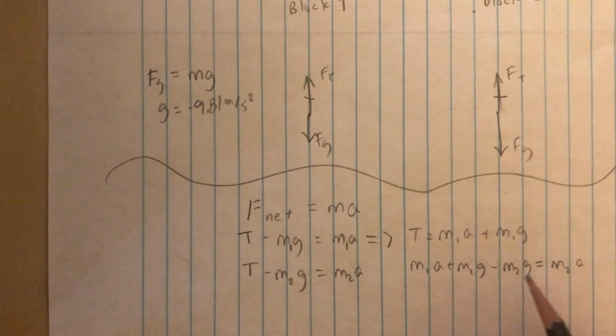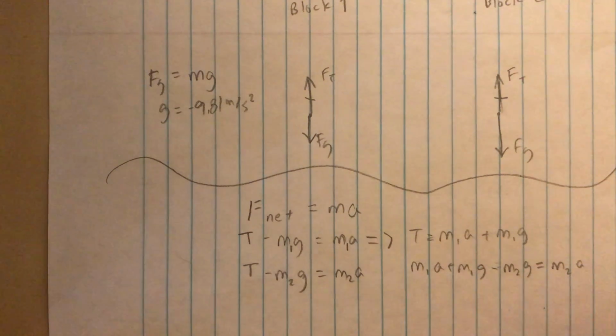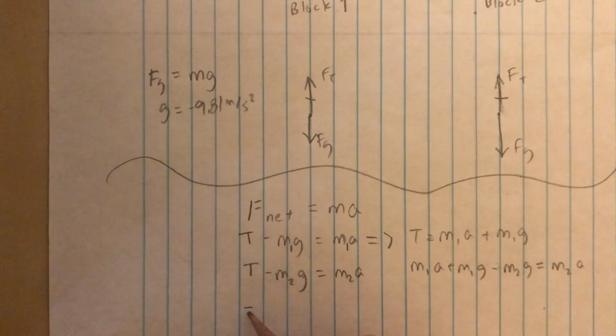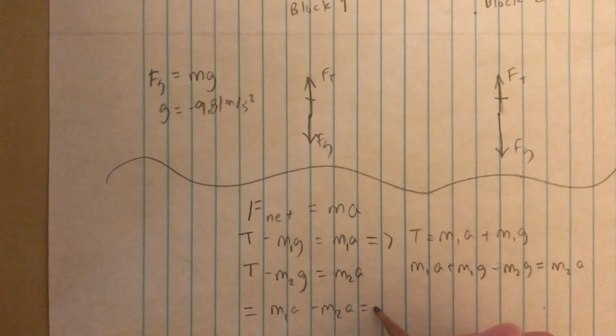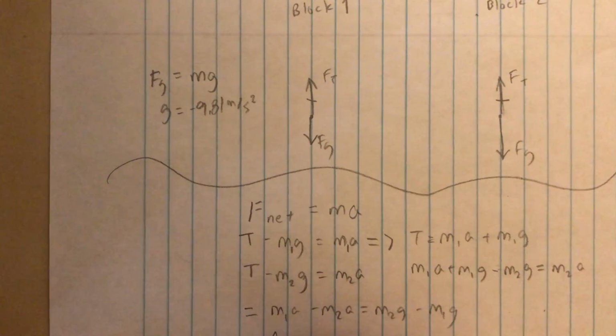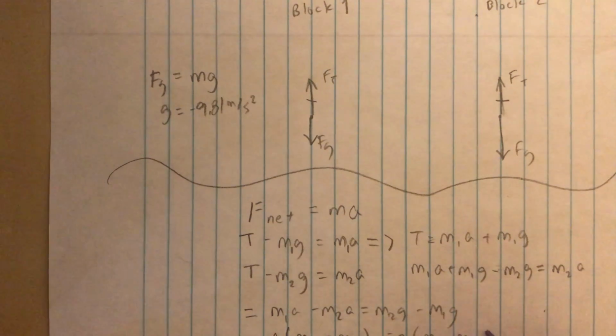We want to get both g's on the same side and both a's on the same side, so we bring that down here to get m1a minus m2a equals m2g minus m1g. Factor out the a over here, we get m1 minus m2. You can factor out the g over here, m2 minus m1.